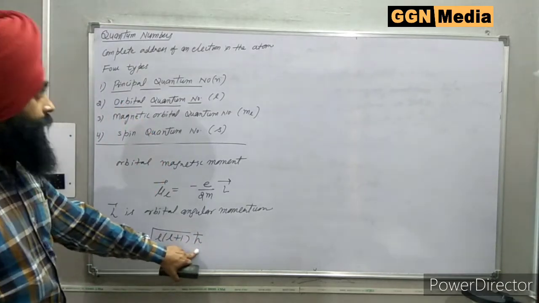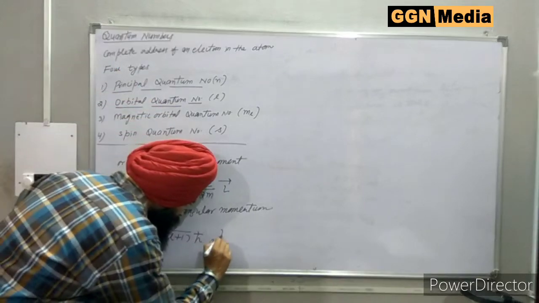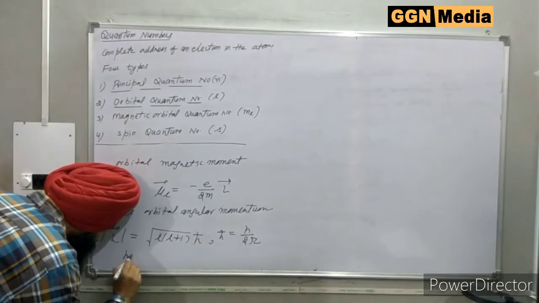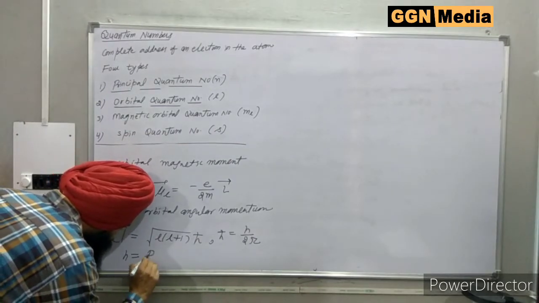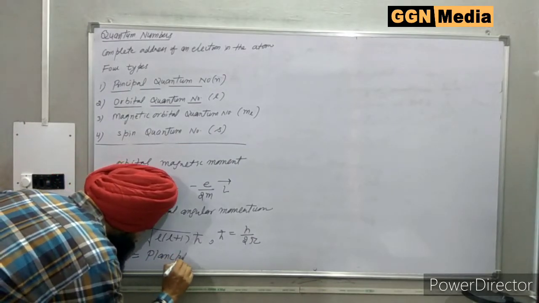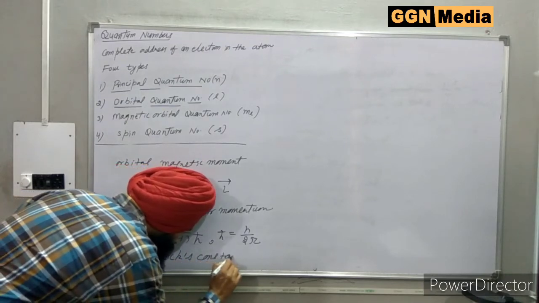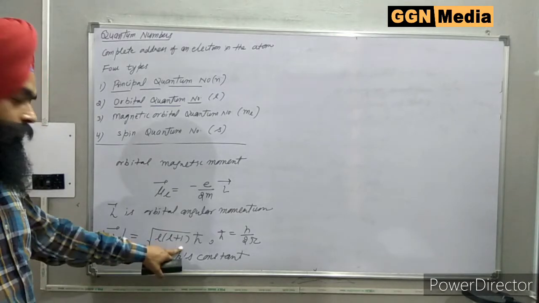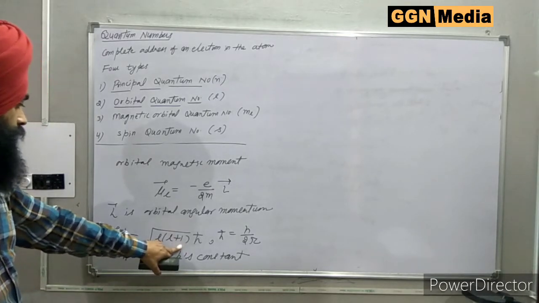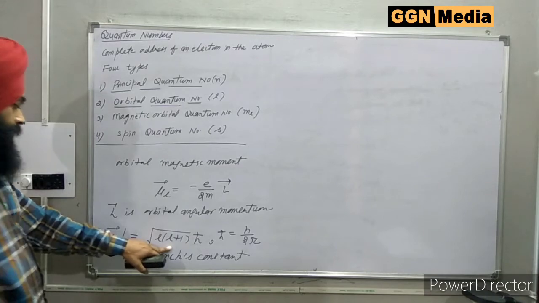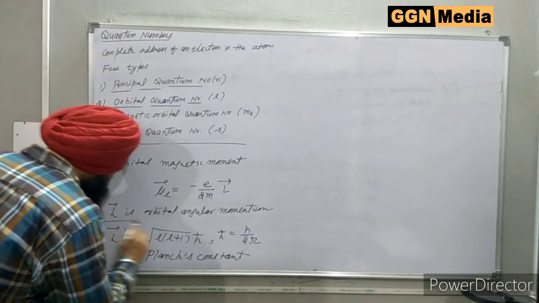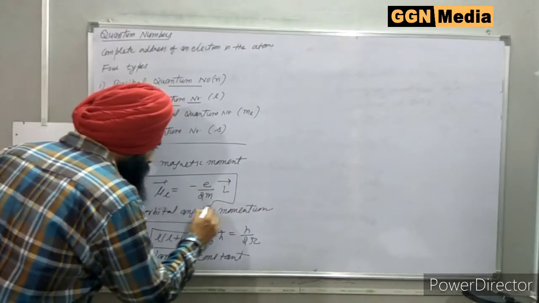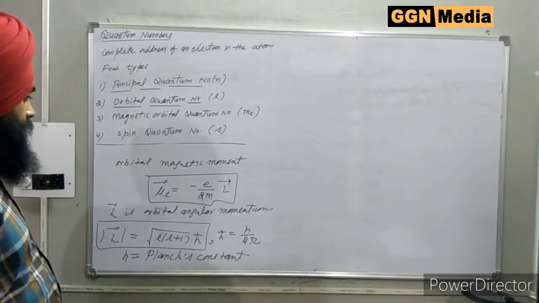So you can see that h cut is equal to h upon 2 pi, and everybody knows h is Planck's constant. So you have to remember this formula; we will use it in the next few lectures. The value of L is connected by this relation and the value of mu L by this relation.